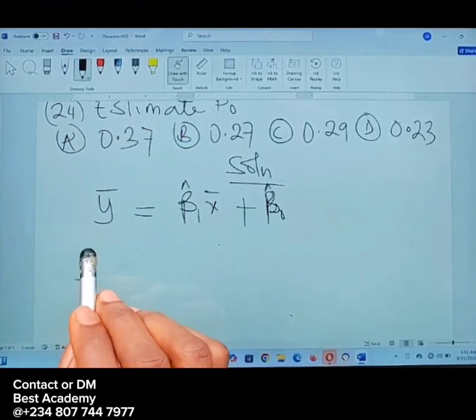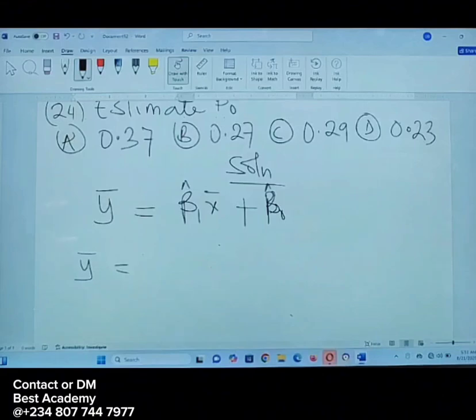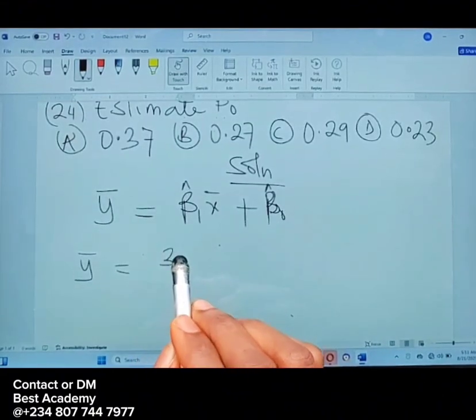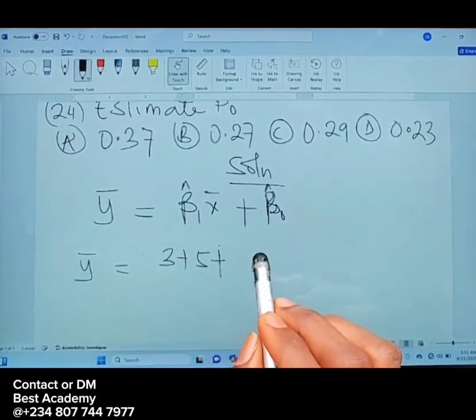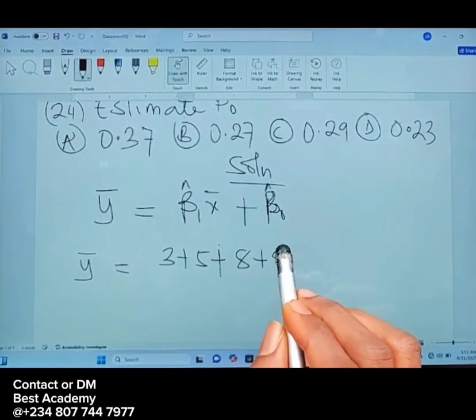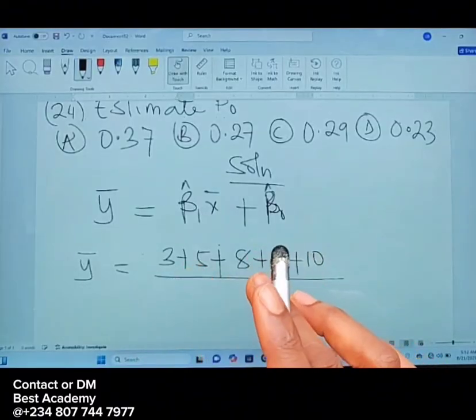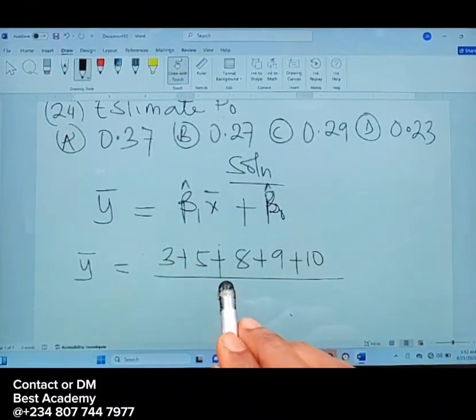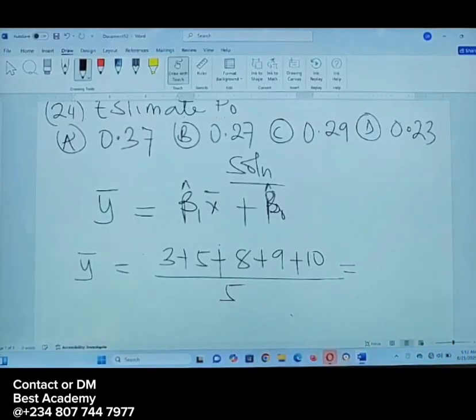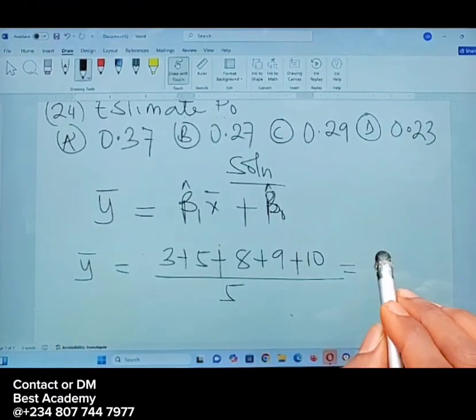That is y bar equal to 3 plus 5 plus 8 plus 9 plus 10 over, now how many? 1, 2, 3, 4, 5, over 5. Adding gives 35. 35 divided by 5, we have 7.